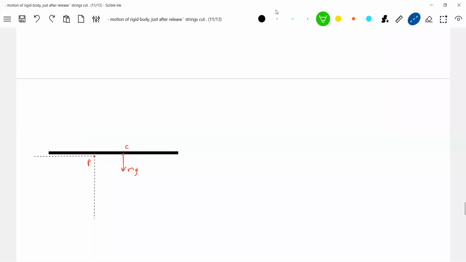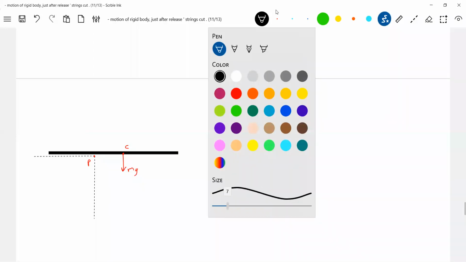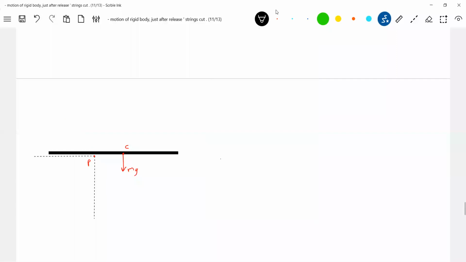I'll put some dotted line. And what is the next position of the rod? After this, the rod will start tilting, no?